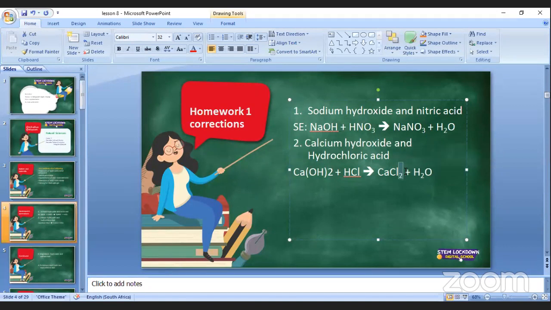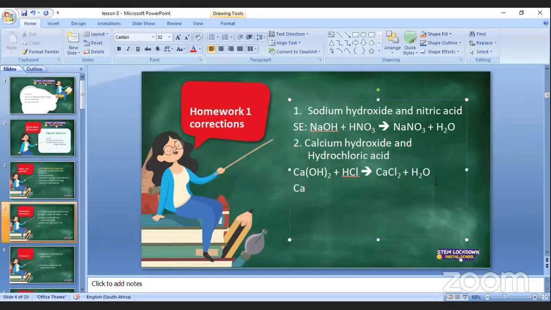Then now we check: is the equation balanced, grade 9? Nope, it is not balanced. Let us try and balance it now.